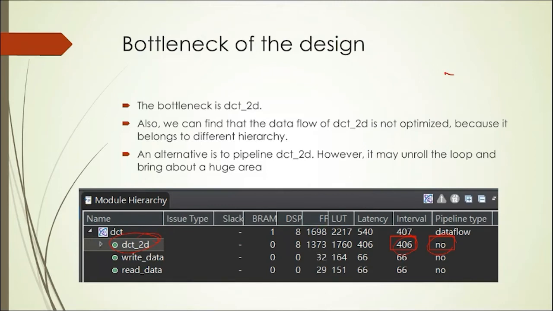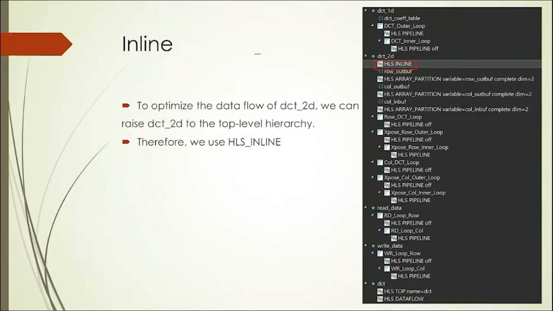So if you pipeline everything, it will bring a tremendous area. So instead, we use inline to optimize Dct2D. We use inline to bring Dct2D to the same hierarchy as the top level. So when we optimize the dataflow at the top level, we also optimize Dct2D meanwhile.